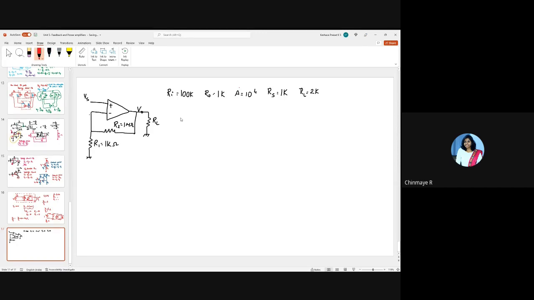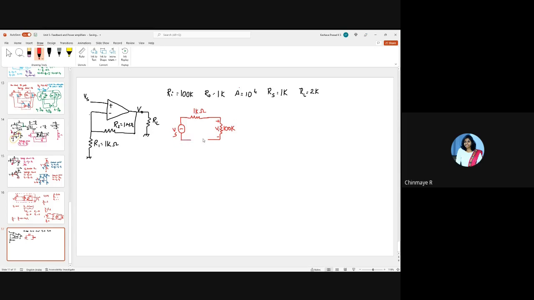So first, you have Vs. Okay. So this has a source resistance that is equal to Rs, which is 1 kilo ohm. This is given to the input of a voltage amplifier, which is basically whatever voltage is present across the input impedance of the amplifier itself is amplified, right?